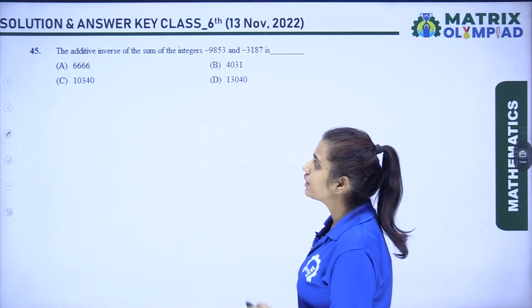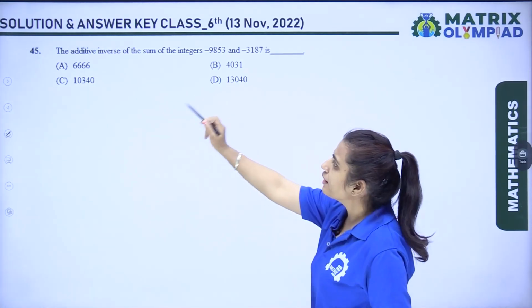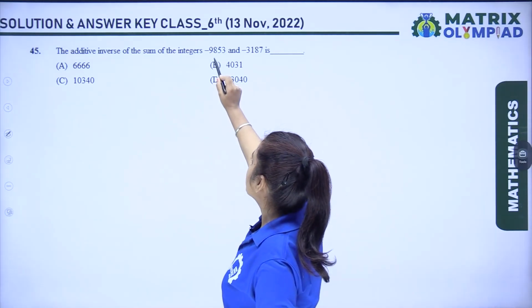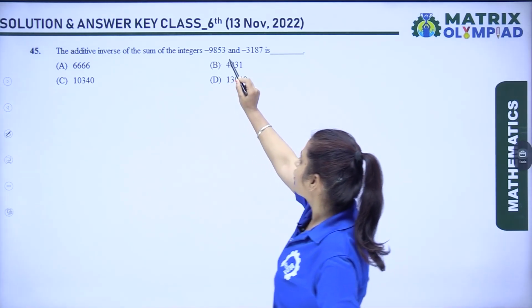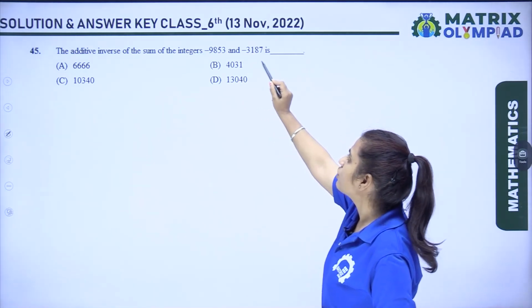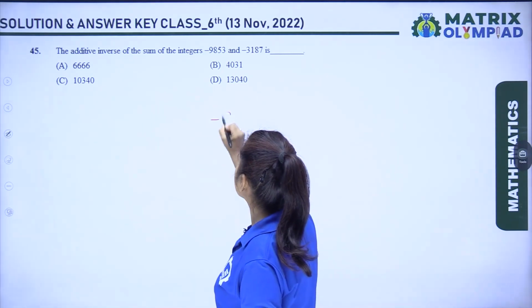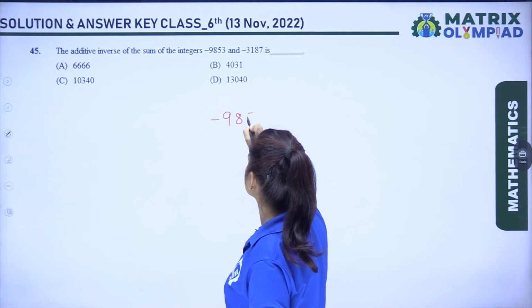Now let's solve the next question, that is the additive inverse of the sum of the integers minus 9853 and minus 3187 is? First of all, let's find out the sum of both the numbers.